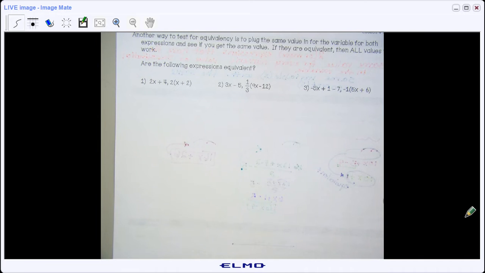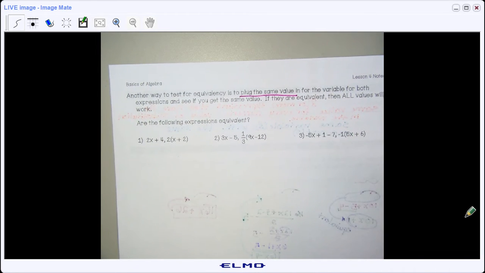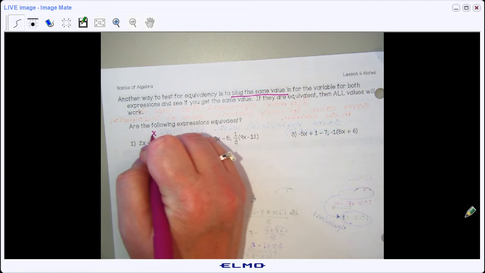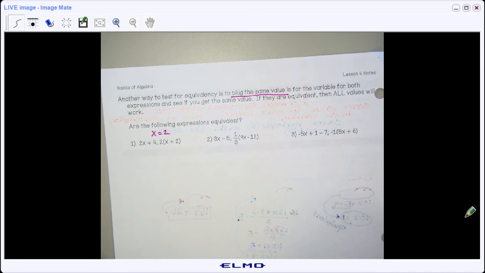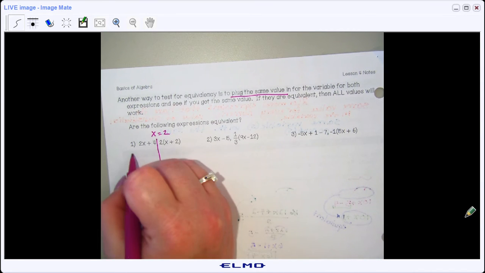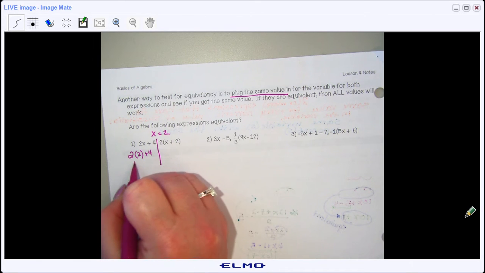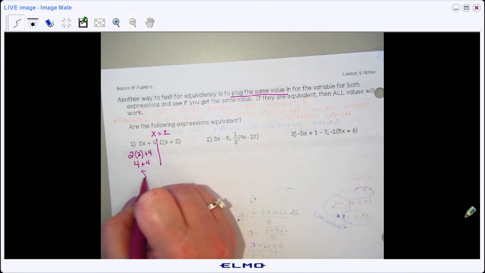All right, let's take a look at the back. Our other way we can test is to plug in the same value. So I could pick any number that I want. So like, let's say for the first one, I'm going to pick x equals 2. So my before the comma expression, I'm going to plug 2 in for x. So 2 times 2 gives me 4. 4 plus 4 gives me 8.